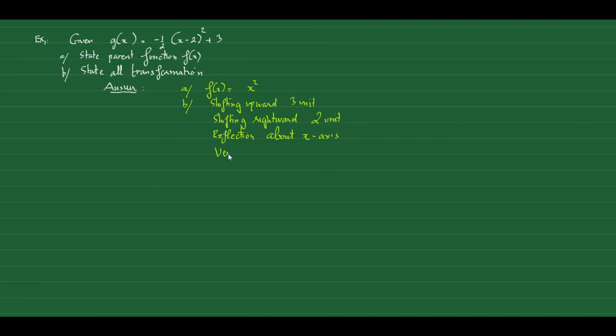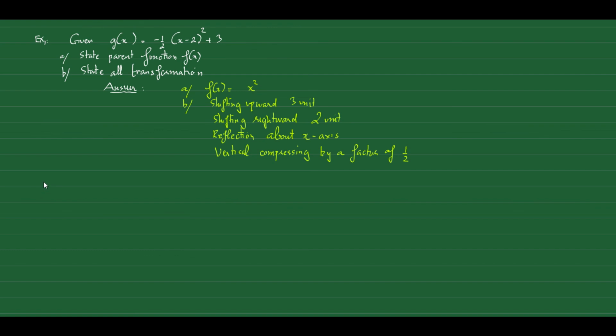So I'm going to put vertical compression by a factor of 1/2. Anything else? Yep, so there's only 4 transformations over here.